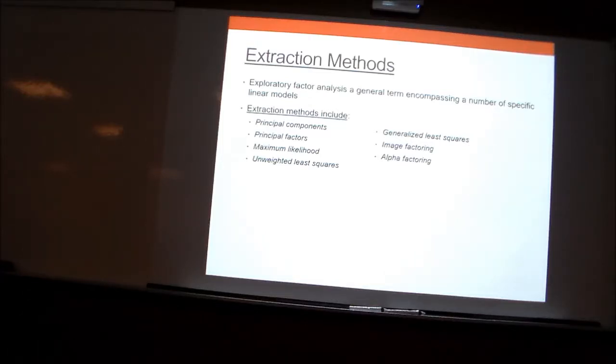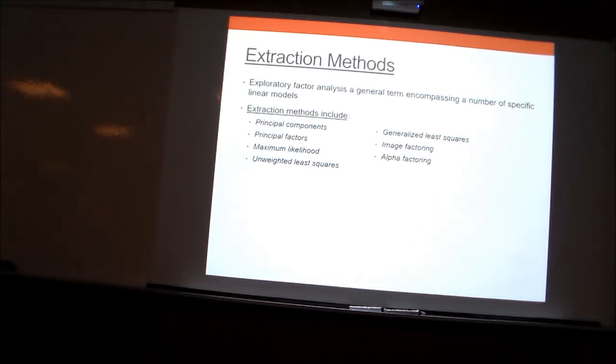Methods that we can go through and procedures that we can go through to start to extract or explore the number of factors to extract. Principal components, principal factors, these are the 2 that we're going to work with today. But there are other types of things that we can use, maximum likelihood, unweighted least squares, generalized least squares, image alpha factoring. All these different extraction procedures do slightly different things.